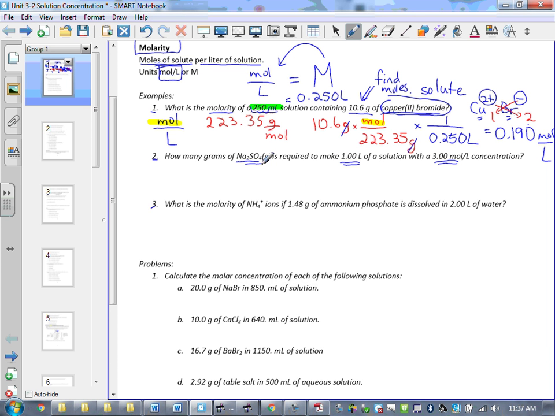So I can take my concentration. And if I want to get rid of liters, and liters are on the bottom, I can multiply. So I'm going to multiply by the volume of solution in liters.